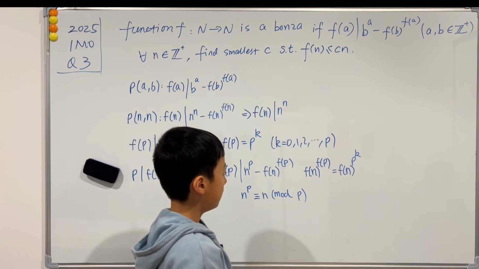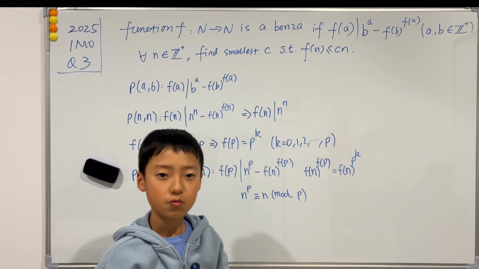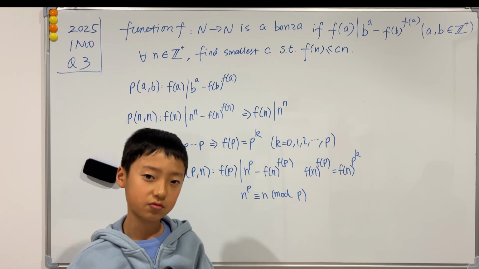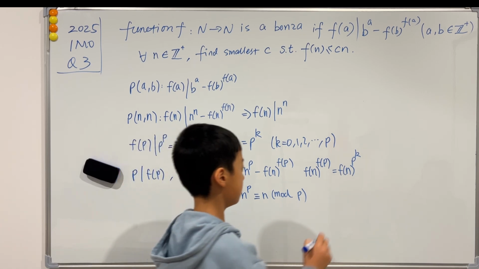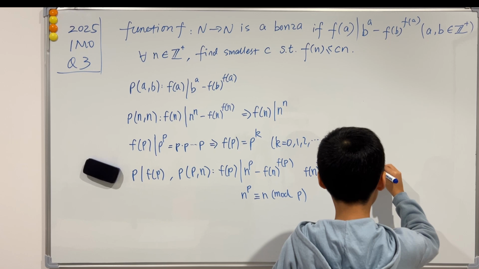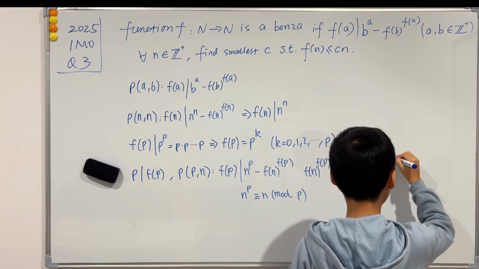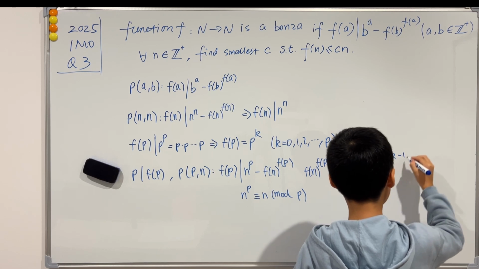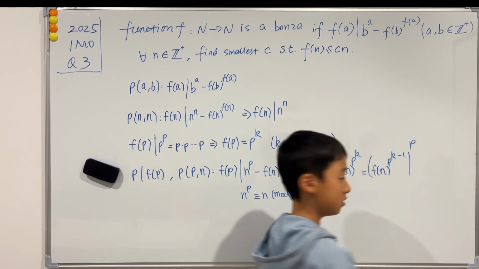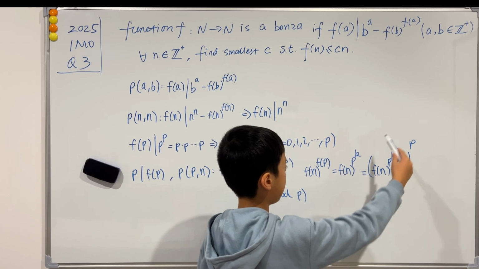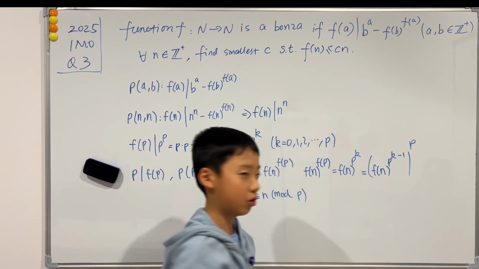We need something to the power of p, right? Well, we can change this power into p^(k-1) and raise everything to the power of p. So now we know that this whole thing is congruent to the inside mod p.